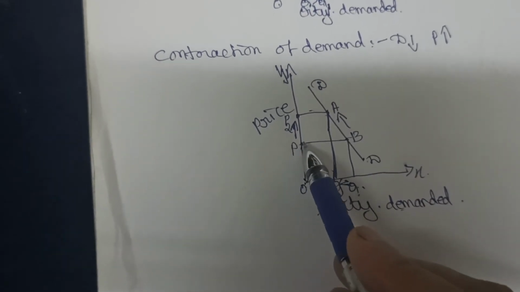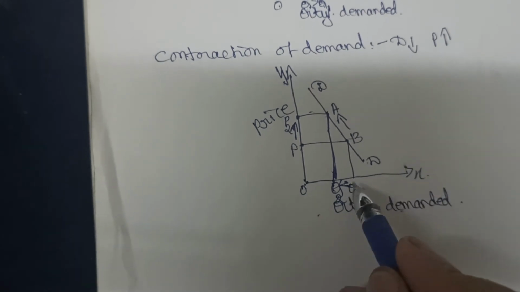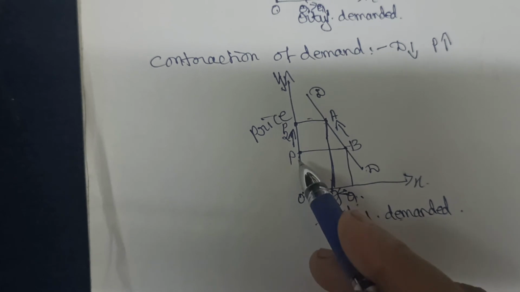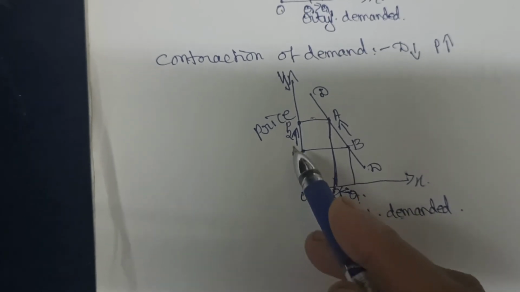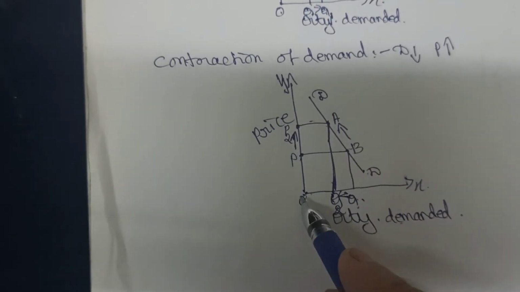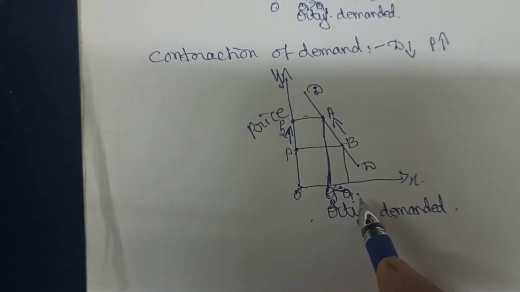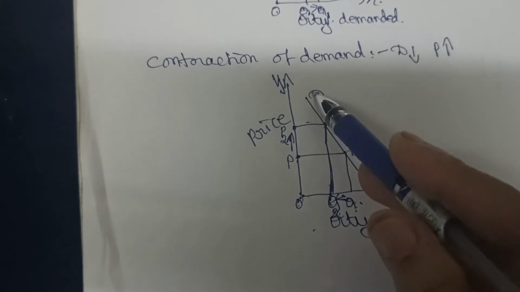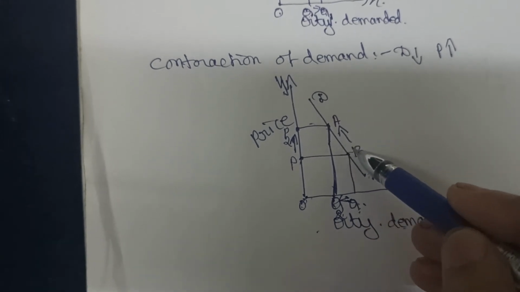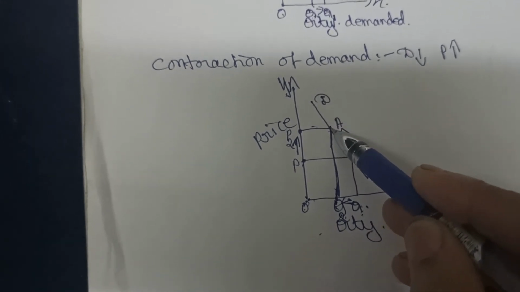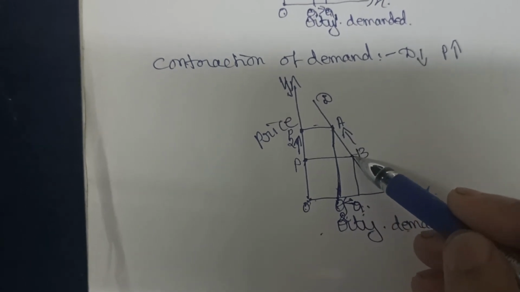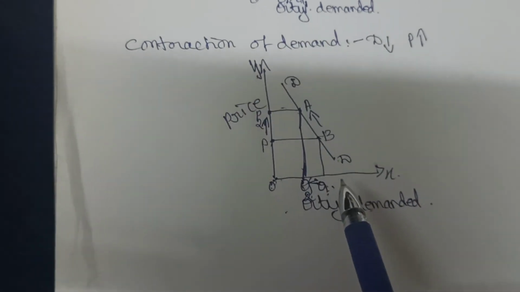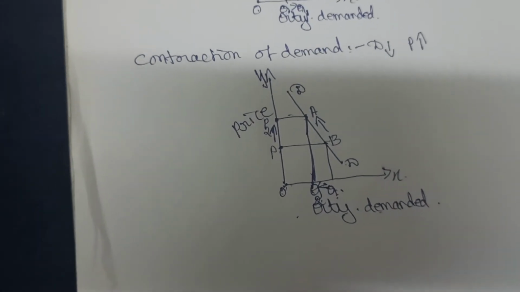When the price is OP, quantity demanded at the beginning is OQ. Due to rise in price from OP to OP2, quantity demanded decreases from OQ to OQ2. So there is an upward movement on the same demand curve from point B to A, or the movement is on the same demand curve from right to left, and it is called contraction of demand.